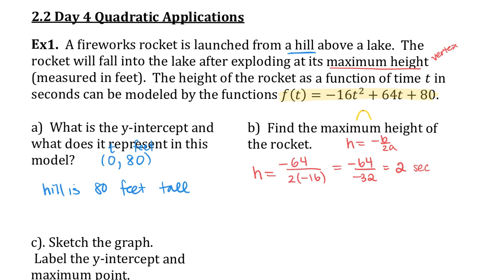So I'm going to go ahead and plug this back in to the height function. If you want to use a calculator for these, you're welcome to, but still follow your order of operations. 2 squared is 4.